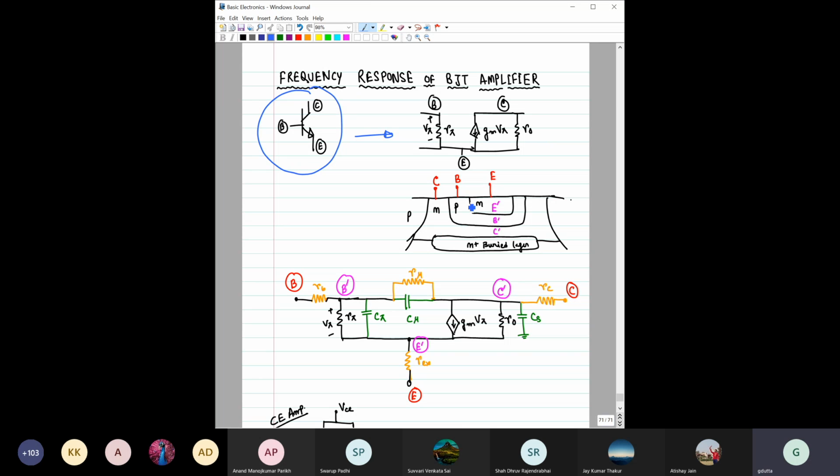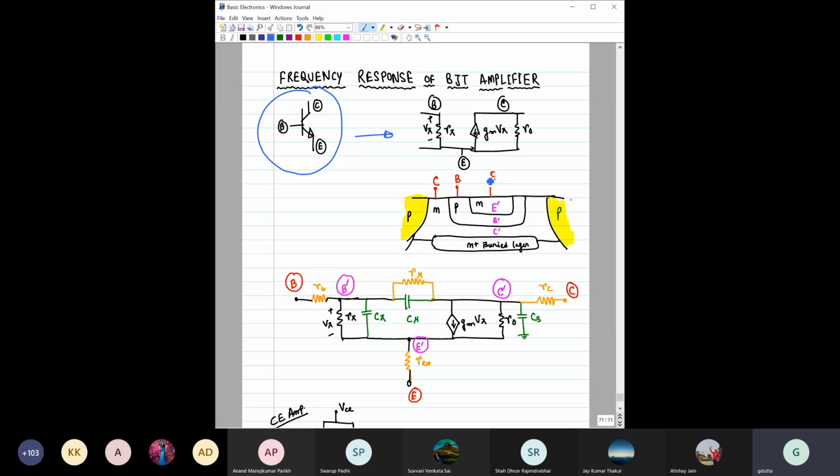For example, the practical structure. I think you remember we started our discussion with BJT with this structure, right? That BJT basically looks something like this. It's N, then P, N, I'm talking about NPN, then N plus buried layer, right?